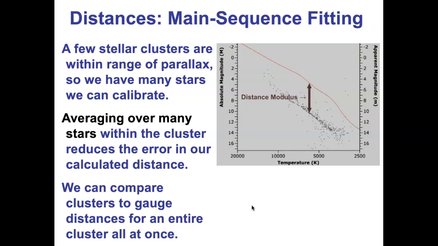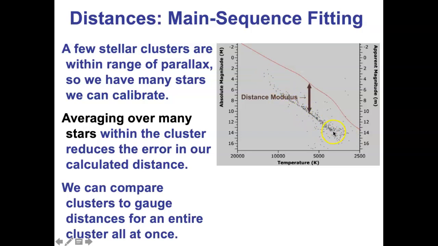If you have a star cluster, all of those stars are close together in the sky because they are all close together in space. And since all of these stars are close together in space, they're all the same distance from Earth. And so if you take the stars in a star cluster and you measure their apparent magnitudes and their temperature, then you plot these stars in this cluster.